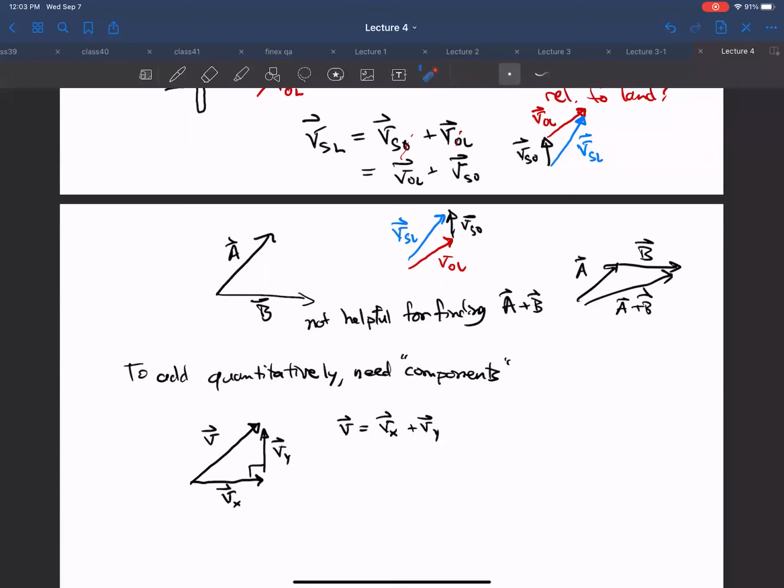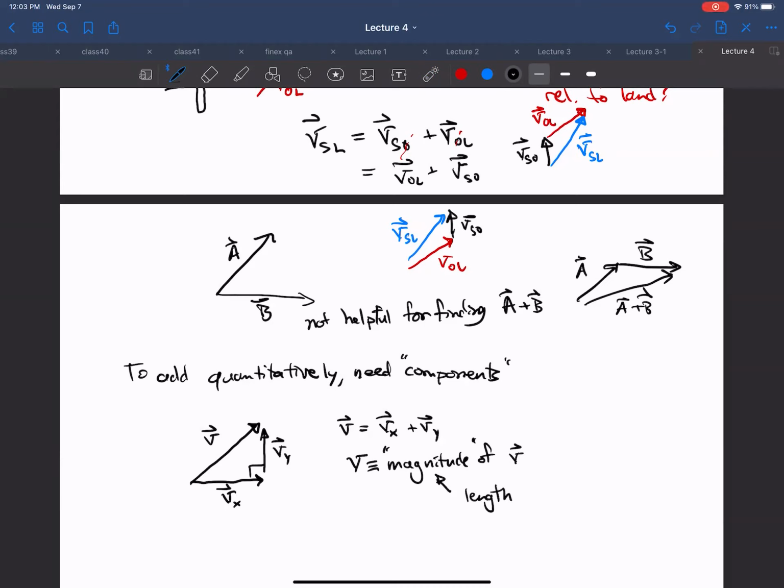So I'm going to define a new way of writing some things. I'm going to define v, without the vector sign, to be the magnitude of vector v. And the magnitude means the length.